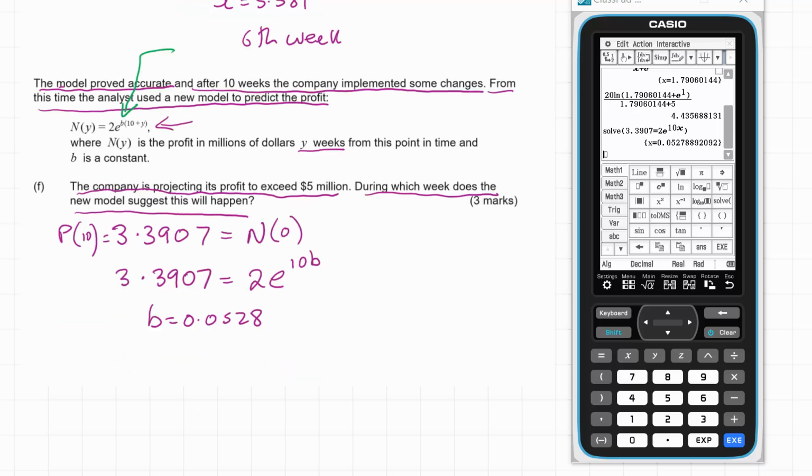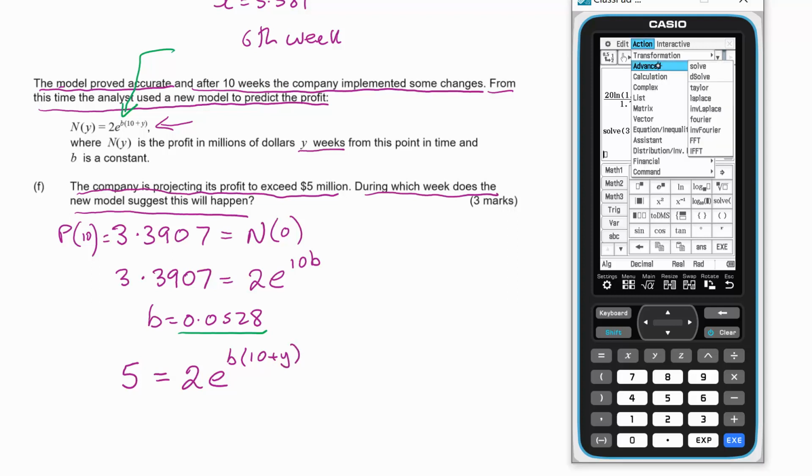So if we now want a profit of 5 million, we want 5 to be equal to 2e to the b, but of course the b is the value we have here, and 10 plus y.